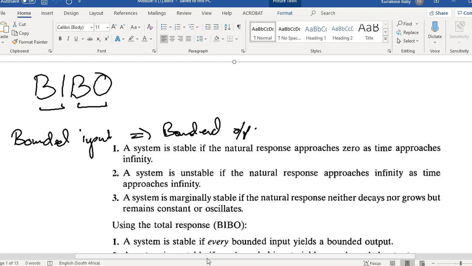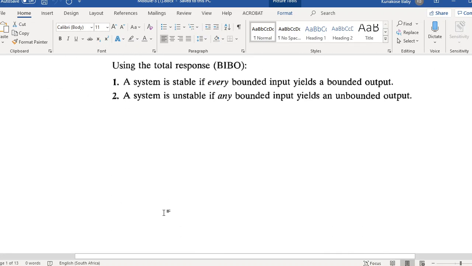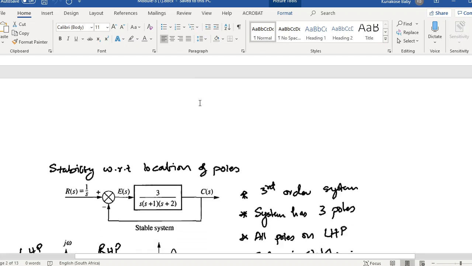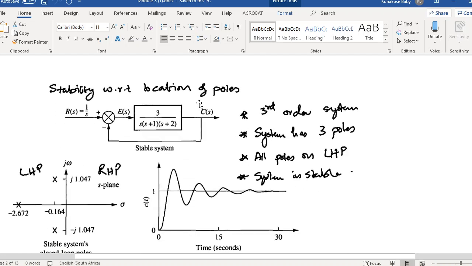If the system is marginally stable, the natural response neither decays nor grows. So when you put it into BIBO, for a stable system, for every bounded input, there should be a bounded output. For an unstable system, for every bounded input, there is an unbounded output. So this is how we measure that.